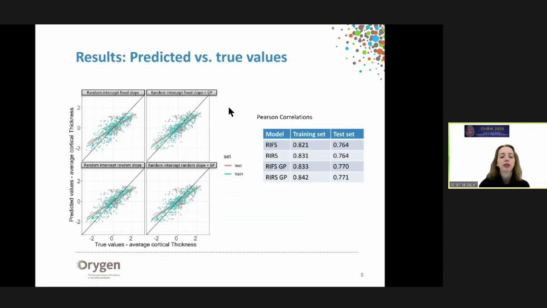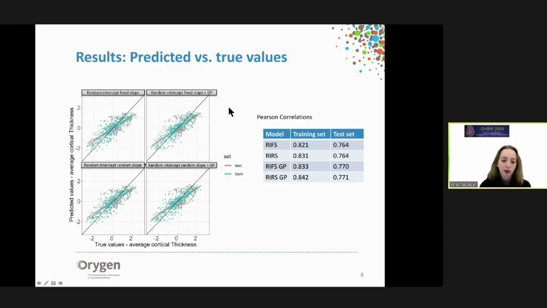Then here are some results. So I compared all my models with respect to commonly used measures of model performance. In detail, I used Pearson correlations between the true and predicted value and the root mean squared error. What you see here is Pearson correlations for average cortical thickness for all the 4 models, separated by train and test set.